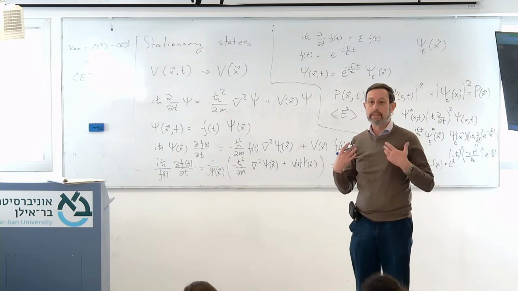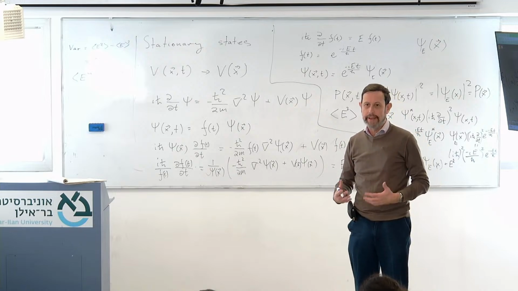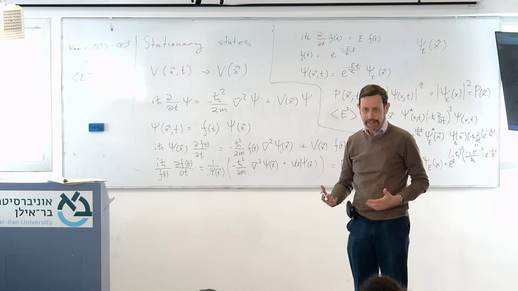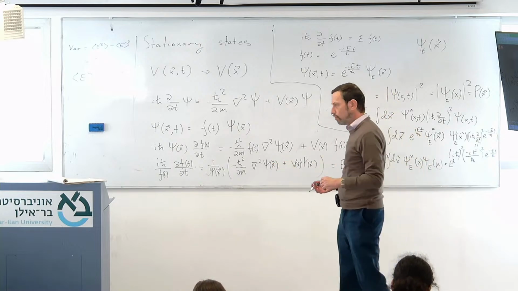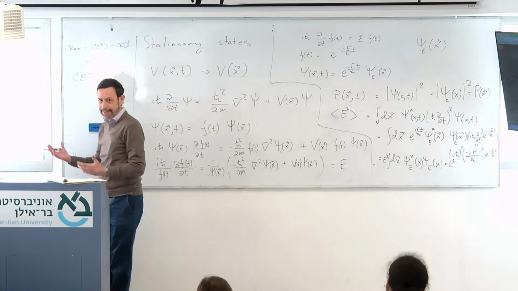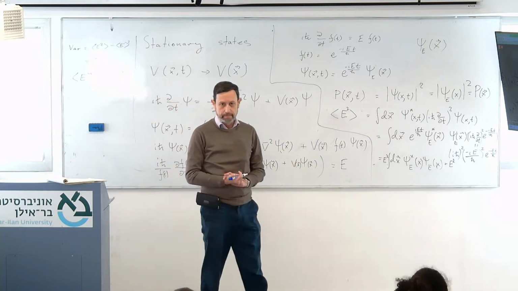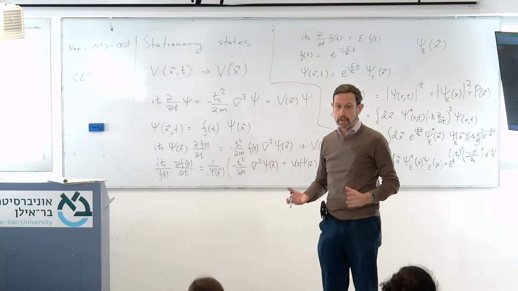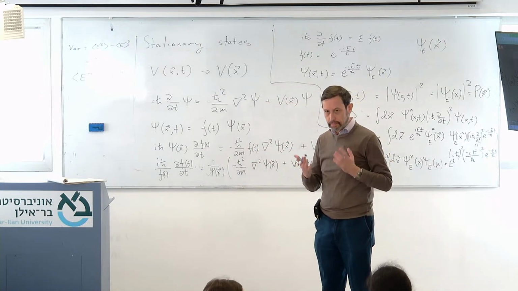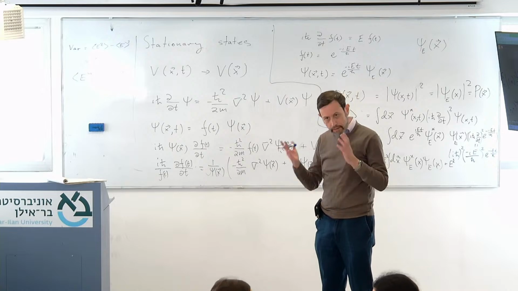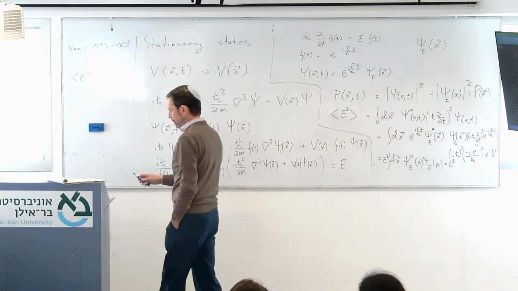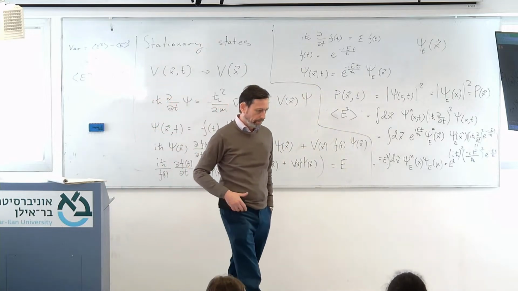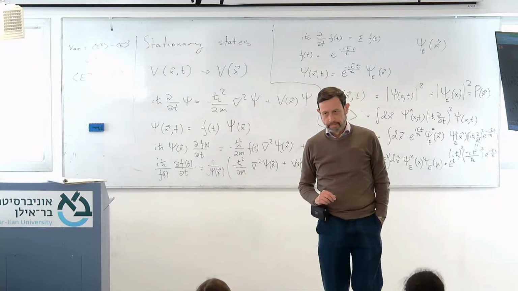So then you can say that not only the variance is 0, any higher order is 0, and therefore, if you want to write down the probability function, it's a delta function. Not sure all of you can actually prove it, but that's the conclusion. So for a stationary state, there's no probability in finding E. You know what it is. But in order to perform a measurement, you need to add energy to the system. The system can vary the energy.